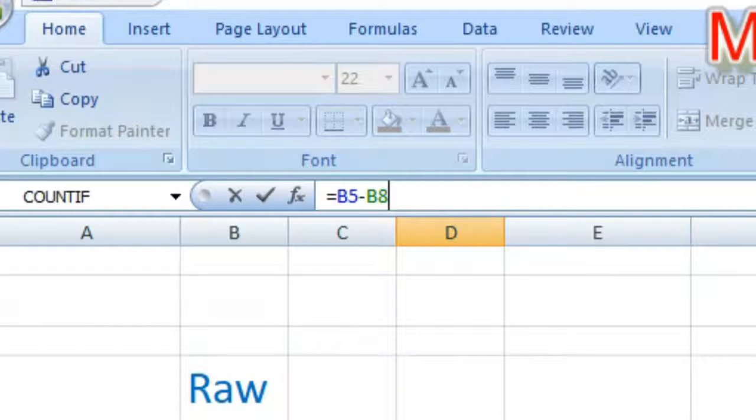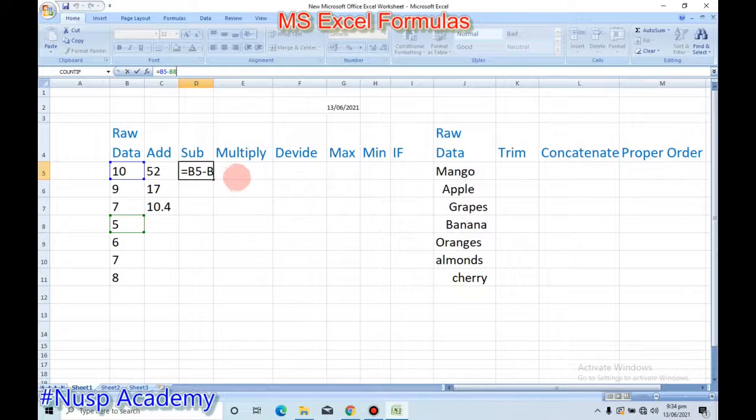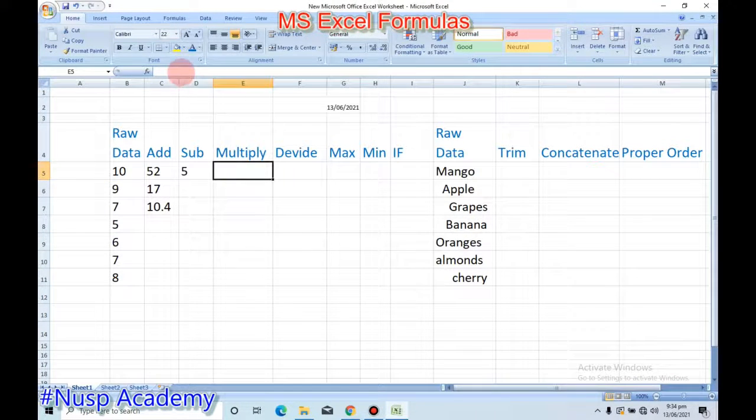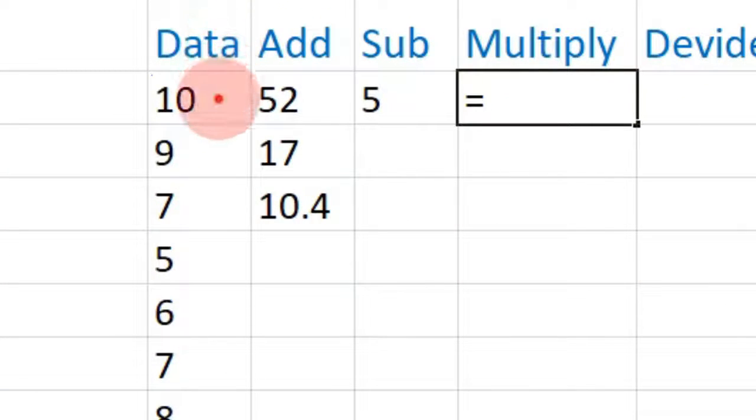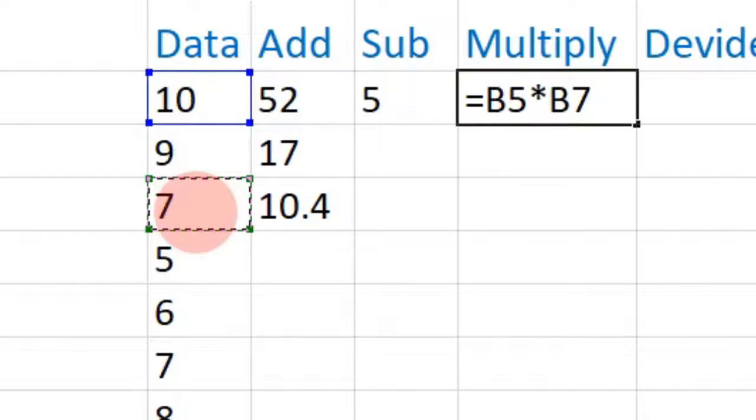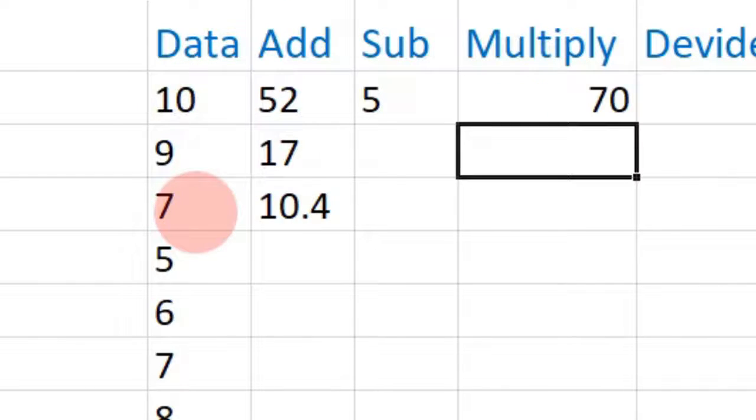Equal to first cell minus the second cell. To multiply, we have the formula equal to, select the first cell, the multiplication sign, into the second cell, press enter. 10 into 7 is equal to 70.